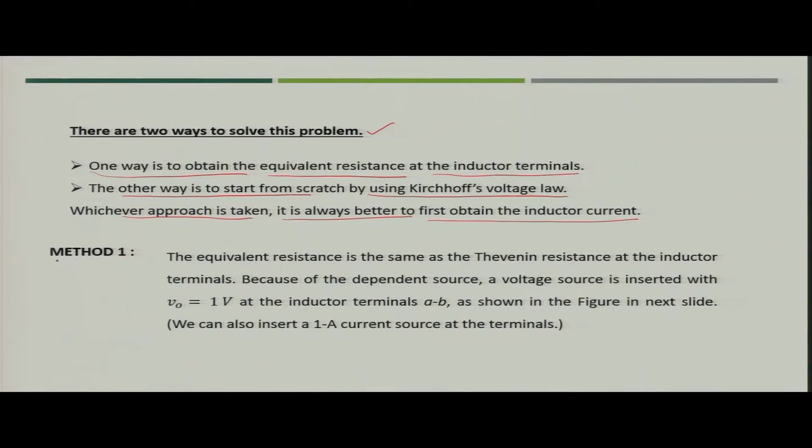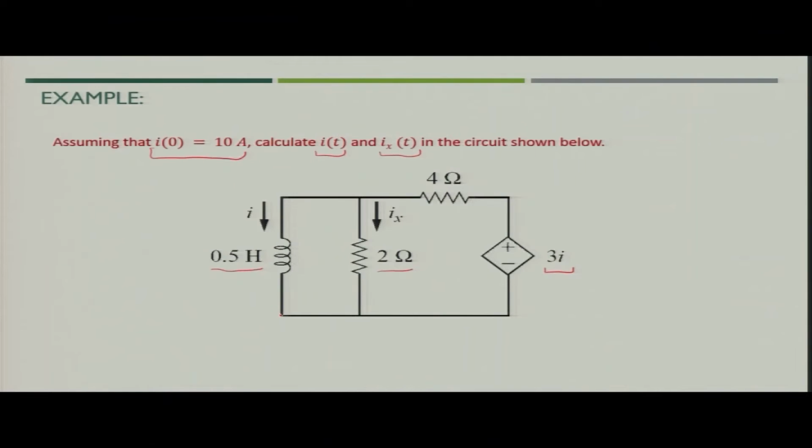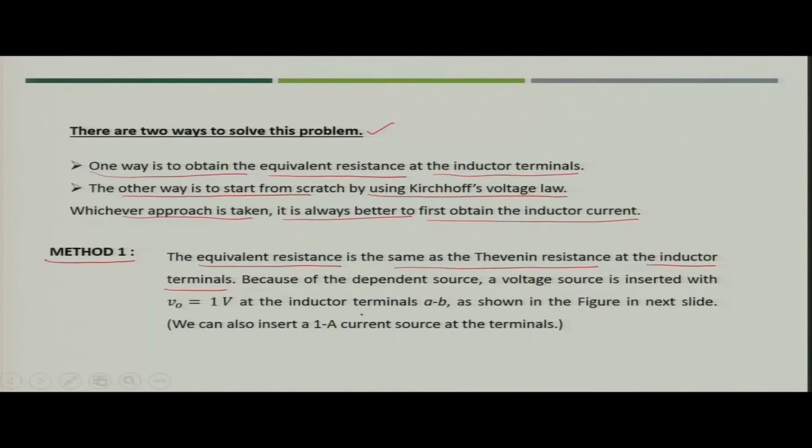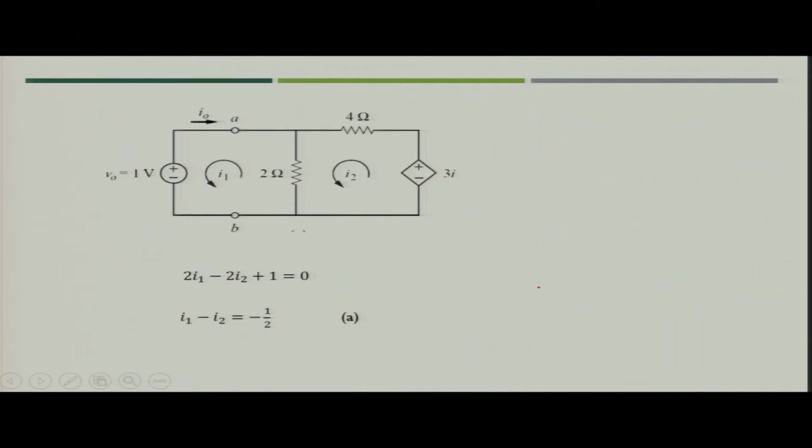Now, in the first method the equivalent resistance is the same as the Thevenin resistance at the inductor terminals. Since we have a dependent voltage source in the circuit, what we can do is use a voltage source, let us say of 1 volt, at the inductor terminals AB, which is shown in the next slide.